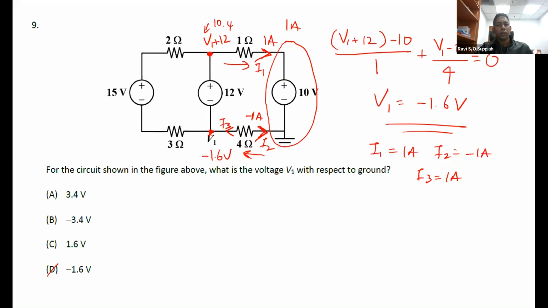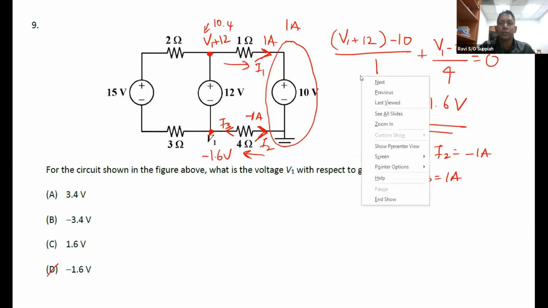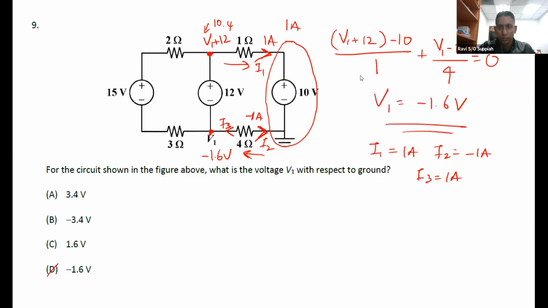All right, so to put this in perspective, let's assume that the question is the same circuit. Okay, so I don't want to spend too much time on the same question now.